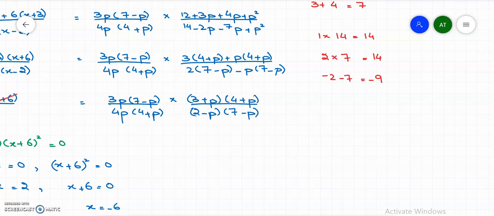Okay, so let's state the restrictions. For the restrictions, again, we need to put the denominator equal to 0. So the denominator is 4p into 4 plus p into 2 minus p into 7 minus p. Put it equal to 0 and solve for p.